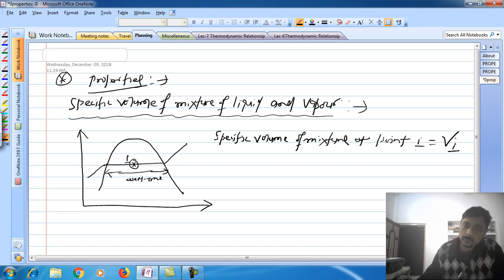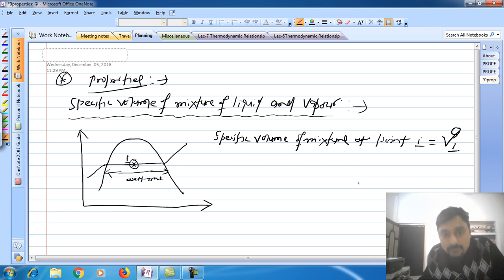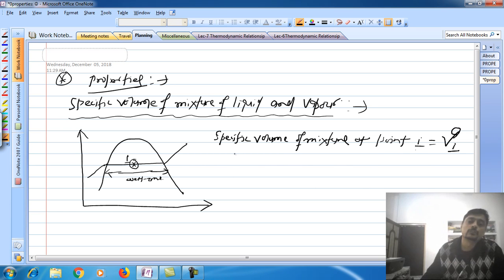This is specific volume, so this will be a small v, right? So I am just trying to calculate the specific volume of the mixture at point 1, right?